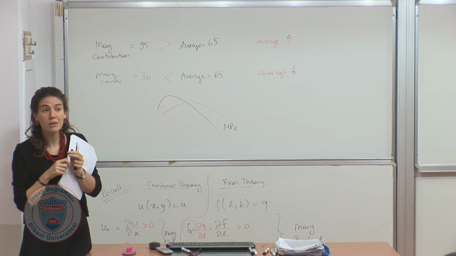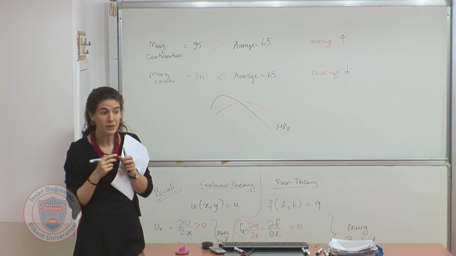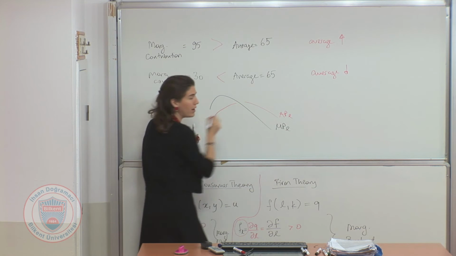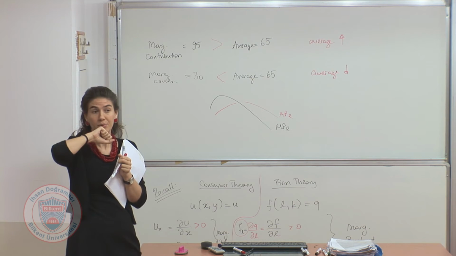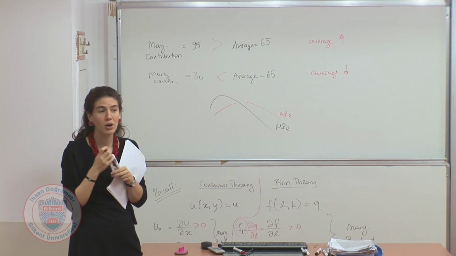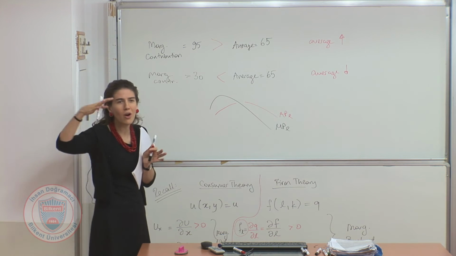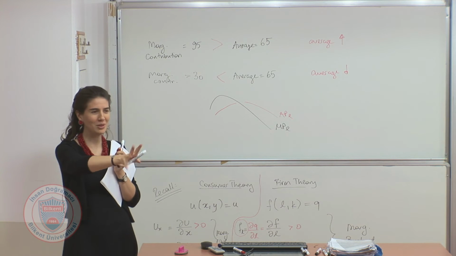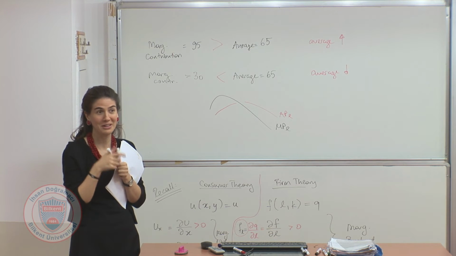According to this very simple logic, which we are going to show by math, this is the average product of labor. Where should they intersect? The marginal should cut the average product curve where? At its maximum, right? Because just imagine you don't know the math, and you tell your grandma. So let's come back to the basics, right?